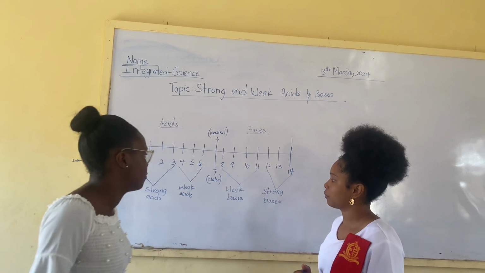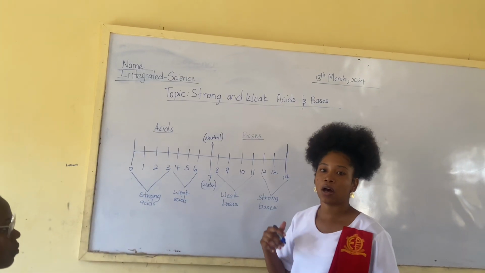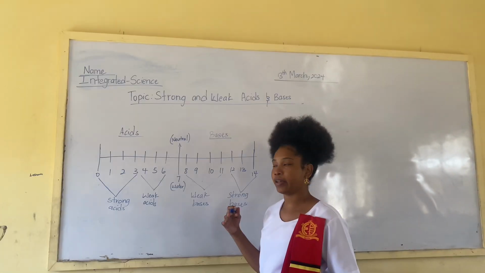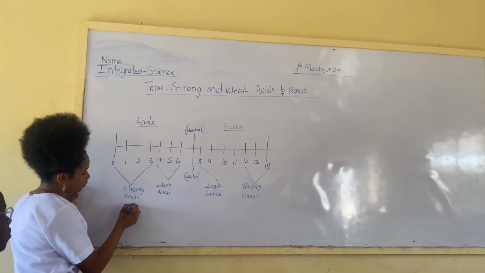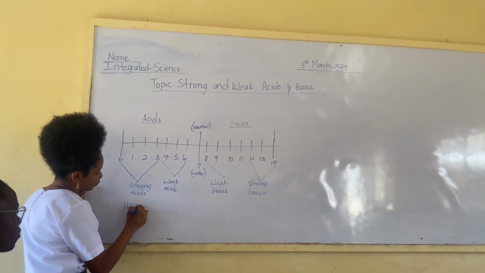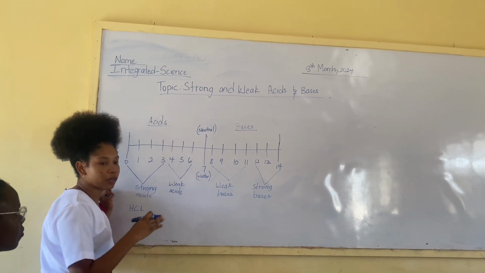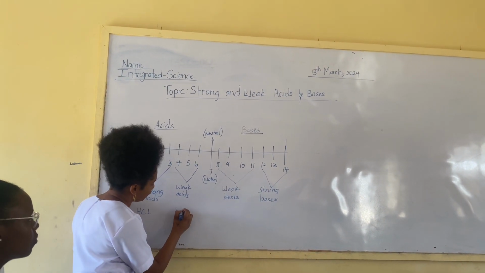Examples of strong and weak acids that are found at home or in your environment. Strong acids will be like hydrochloric acid. Weak acids would be the common ones that you can find at home, like vinegar.